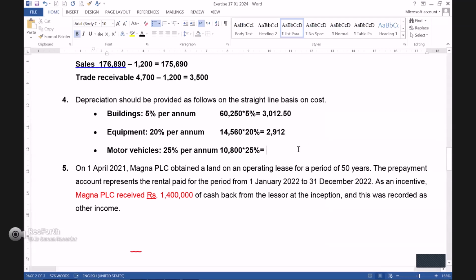Good. Then motor vehicle 2,700. So this is the actual depreciation for the year. Straight line basis is easy, so you have to calculate the depreciation on a straight line. Okay, thank you.